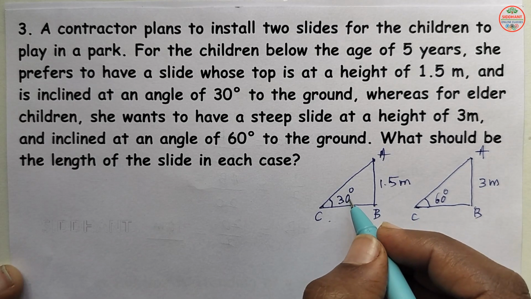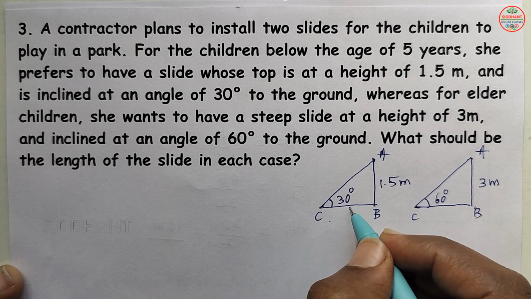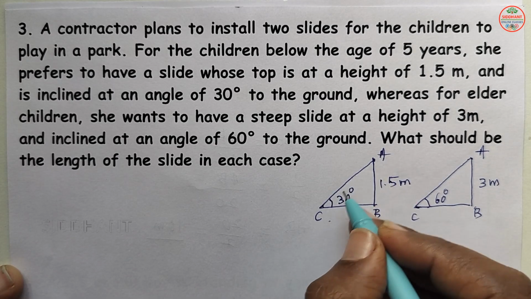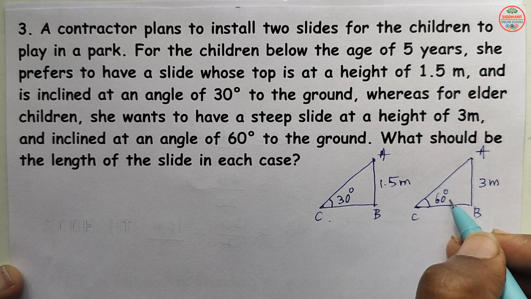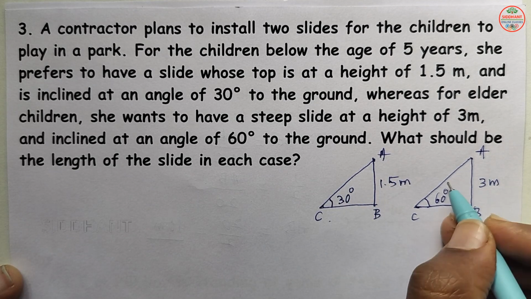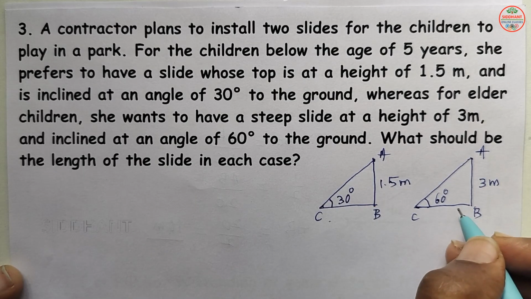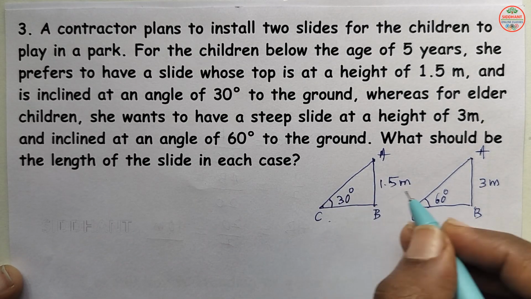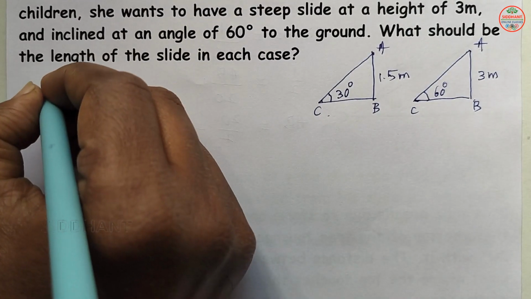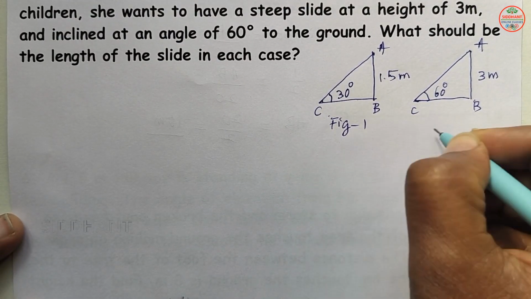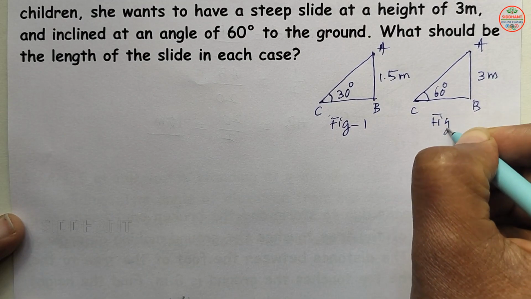So when you take sin 30, we get AB by AC, then AC we can find out. Here sin 60, when you take AB by AC, we get AC. So in this way we can calculate the AC. This is figure 1, this is figure 2.